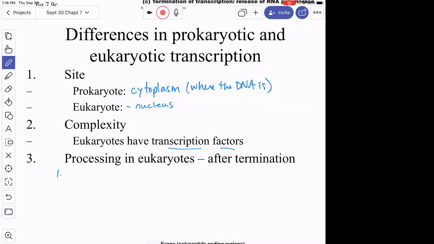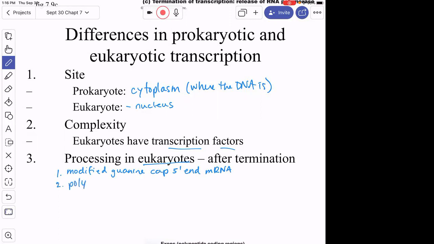Okay, so the first thing that happens again, and this is in eukaryotes, is that there is a modified guanine cap put on the 5' end of the messenger RNA. And we'll get to why that's important in just a minute.